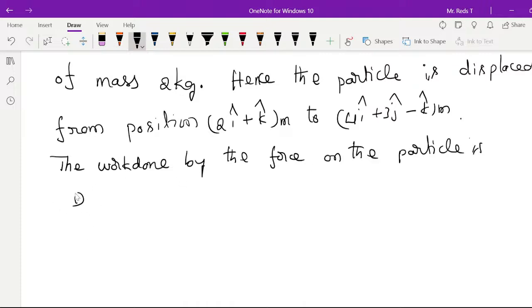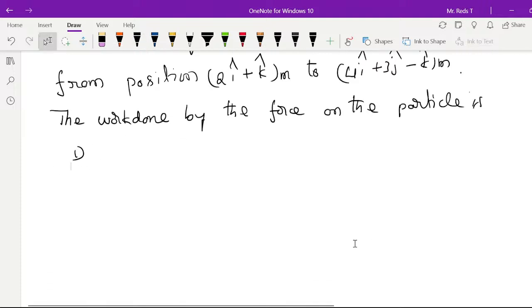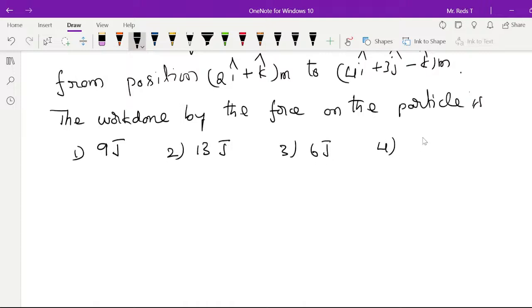The first option is 9 joule. Second option is 13 joule. Third option is 6 joule. Fourth option is 15 joule.